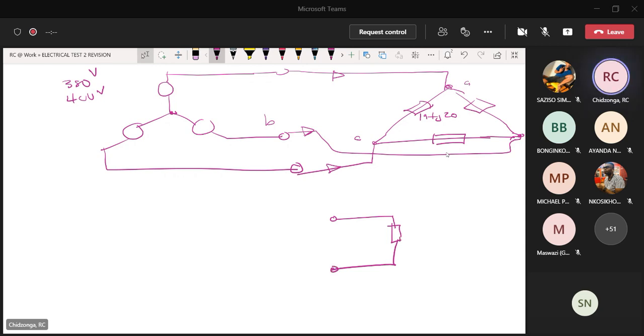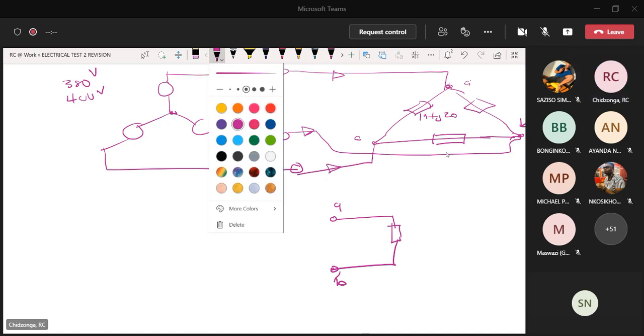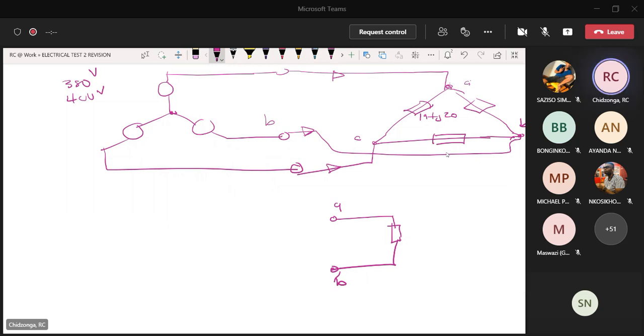But if this is point A and this is point B, then you would see you have got A, B. Obviously, when you run this point from the load back to the source, you'll see that you are at this point.